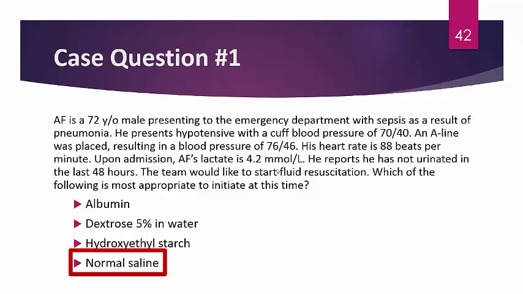So the only isotonic crystalloid here is normal saline. As we discussed in hypovolemic shock, D5W is hypotonic. Albumin for sepsis should not be used unless adequate crystalloids have been given first, and hydroxyethyl starches are not preferred due to their adverse effect profile.